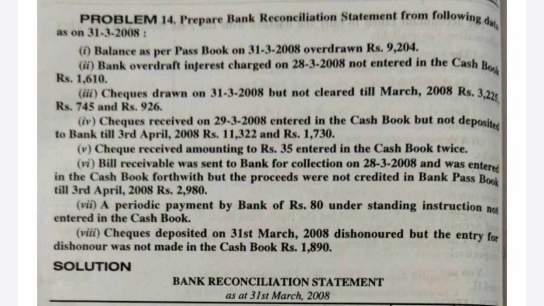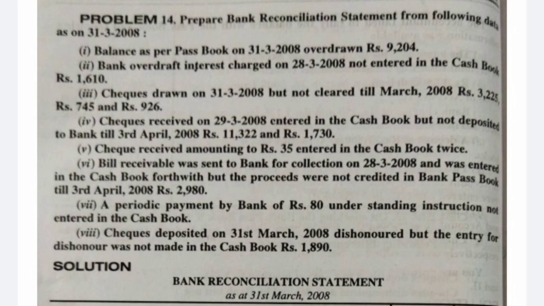Then, a periodic payment by bank of rupees 80 under standing instructions not entered in the cash book. A periodic payment was made and is recorded in the passbook. If you listen to my class 1, I have told you the differences like type 1, type 2 and type 3 differences.